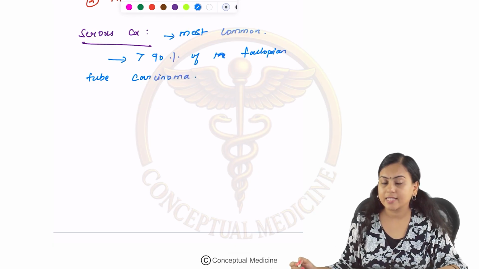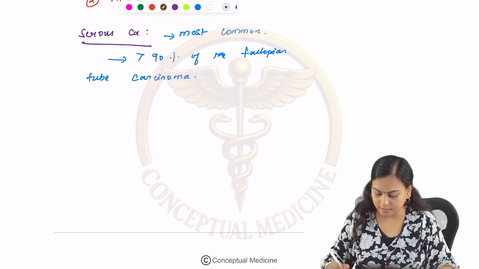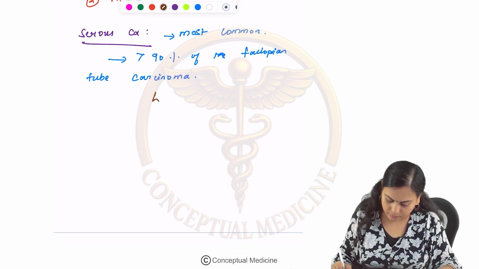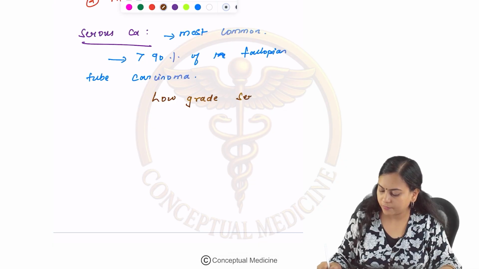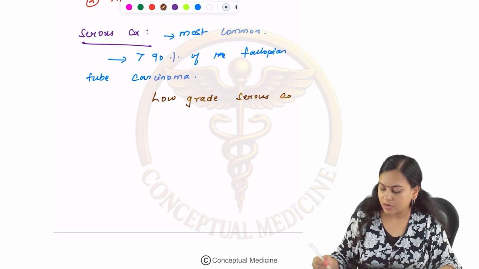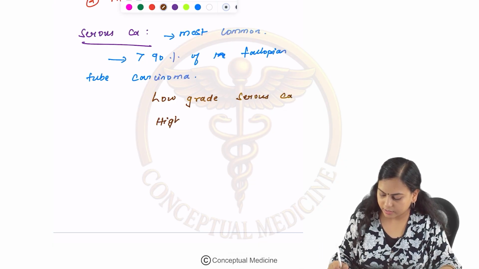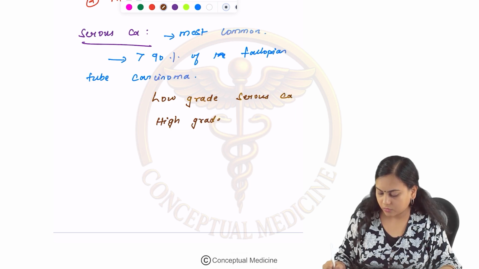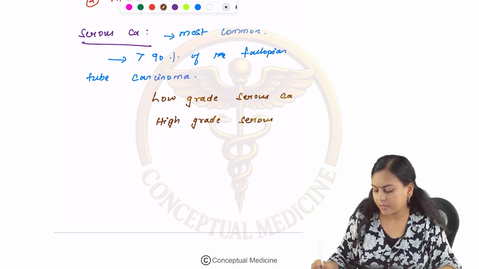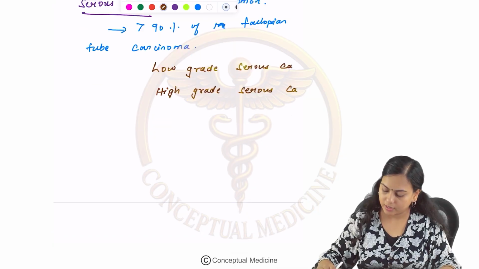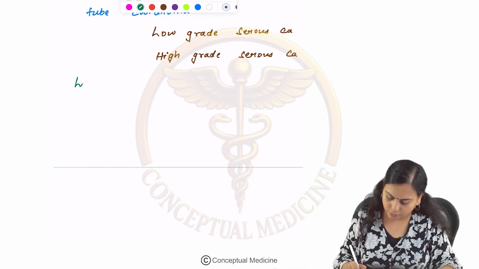They are classified into 2 grades. One is low grade serous carcinoma and the next one is high grade serous carcinoma. Let's see about low grade tumor first.